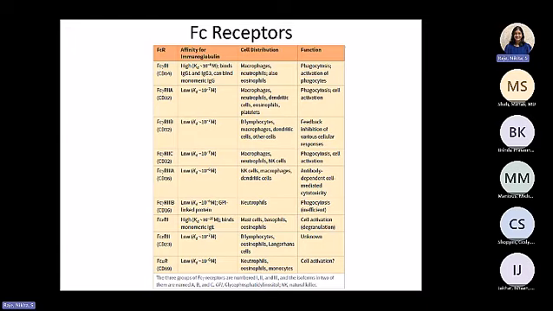As I mentioned, Fc gamma R2B, CD32, provides feedback inhibition for B cells, and then Fc gamma R3A is on NK cells, so it helps with antibody dependent cellular cytotoxicity, or ADCC. That's your CD16. Remember, NK cells have CD16 and CD56. Those are the markers that identify NK cells.